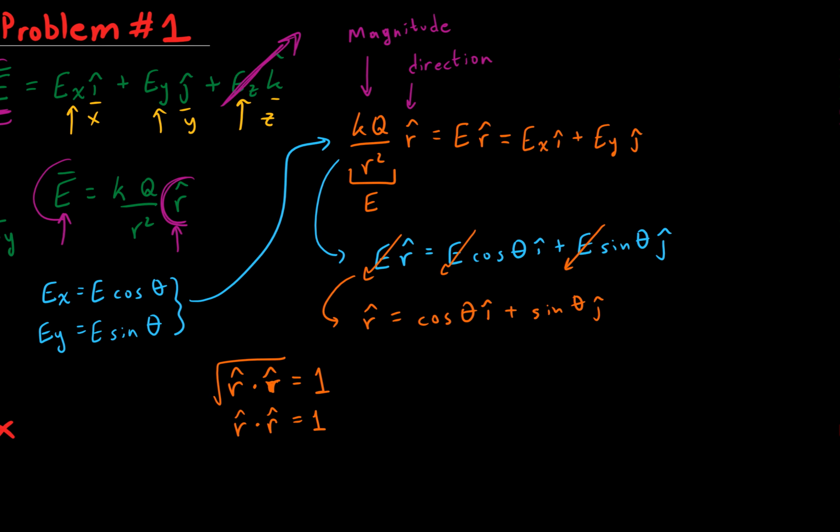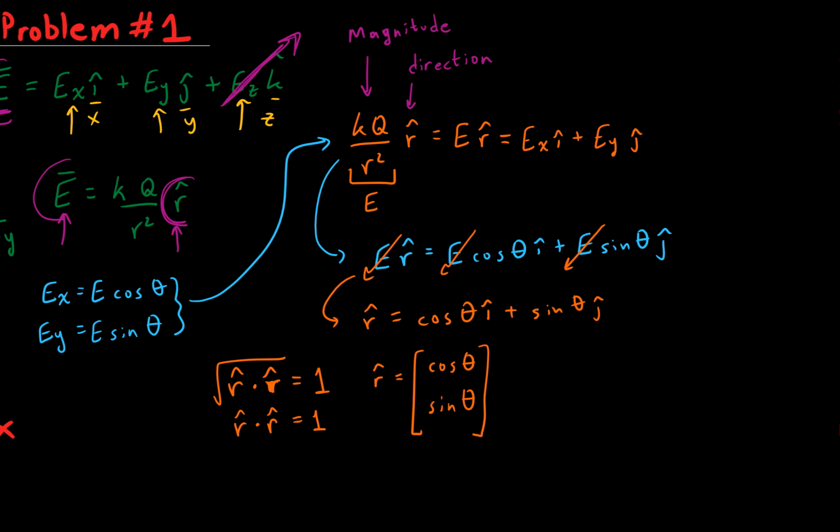So now let's represent this in matrix notation. So we see that we have cosine theta here, sine theta here, where the first element corresponds to the i hat component or the x component.